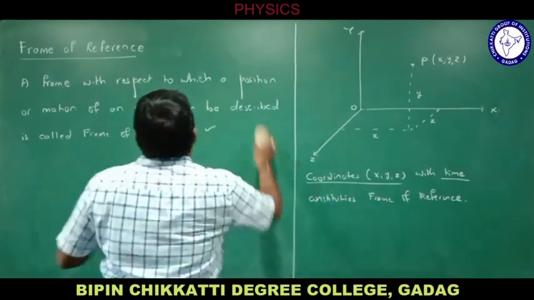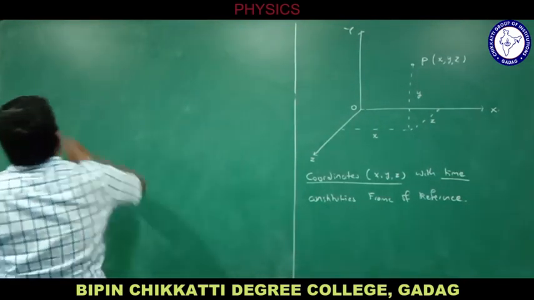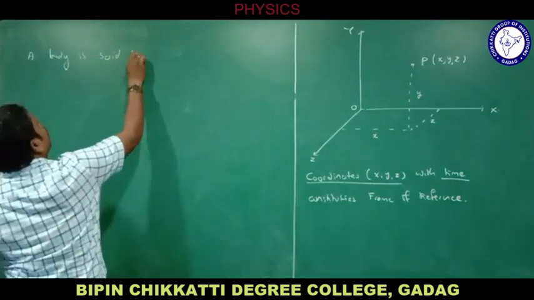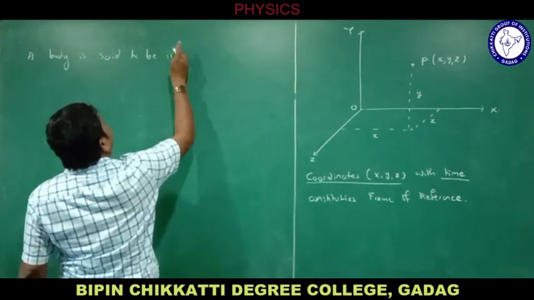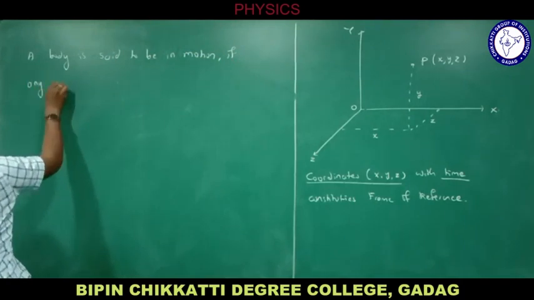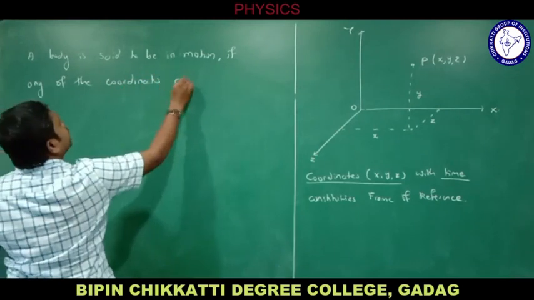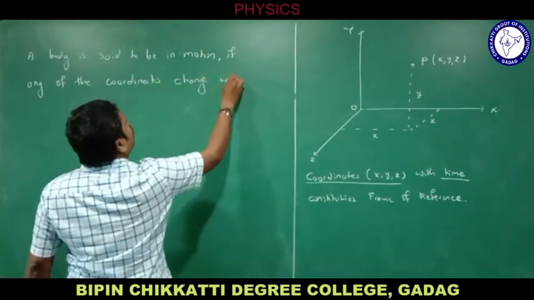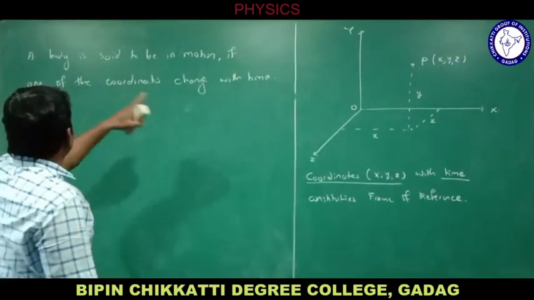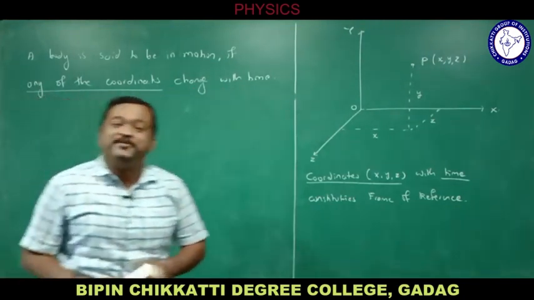Let me tell you when a body is said to be in motion. A body is said to be in motion if any of the coordinates change with time.